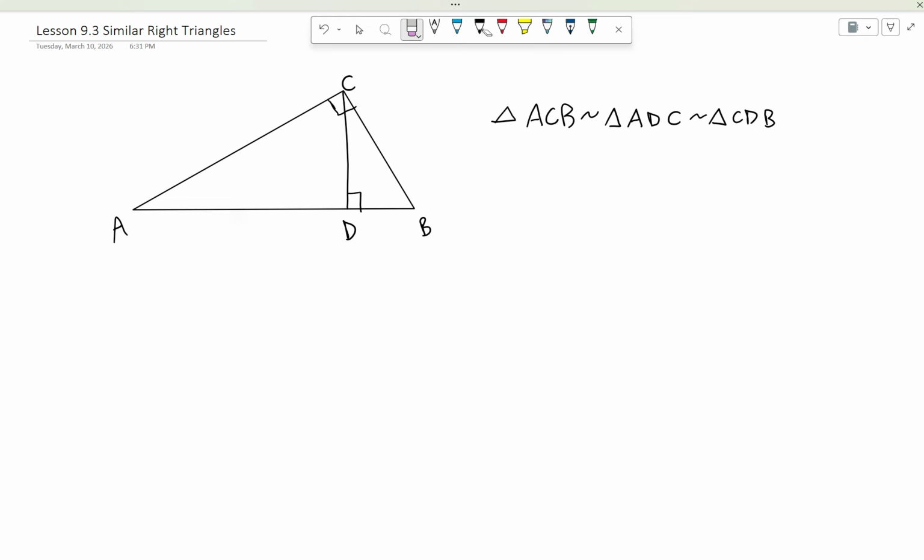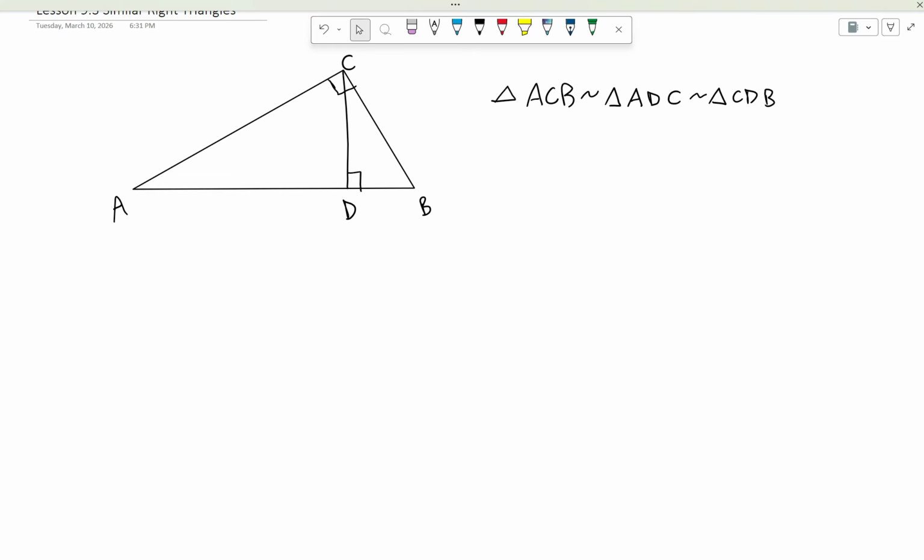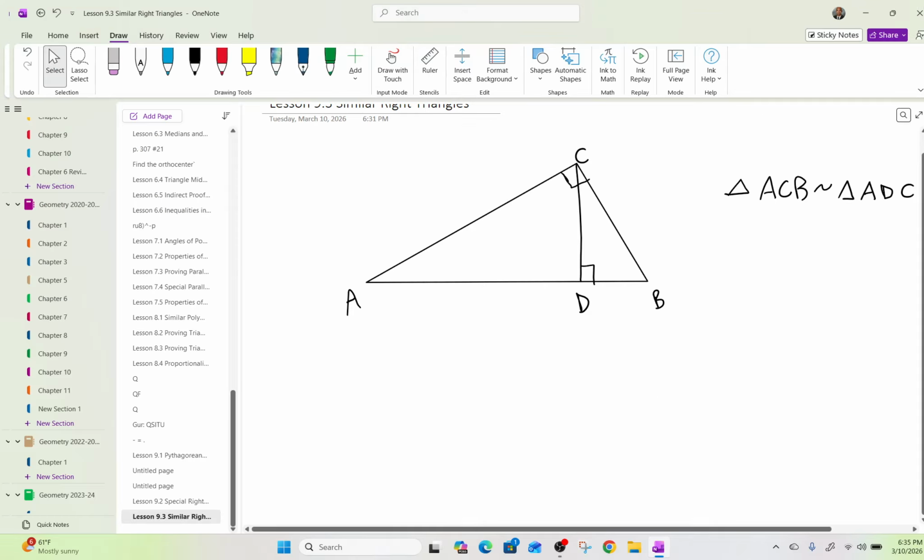So it creates this figure where the altitude creates three similar right triangles. Let's utilize this to solve a problem. Let me draw one, and I'm going to orient it in a similar fashion.